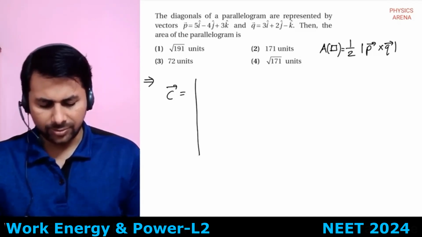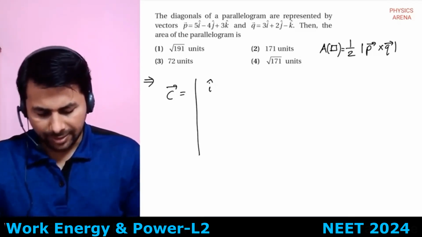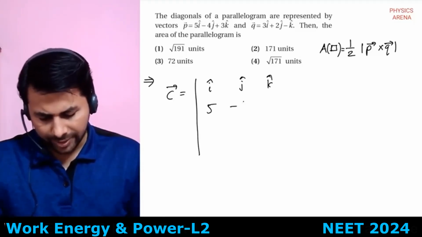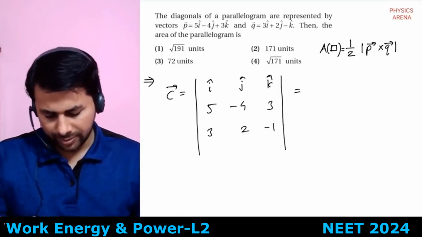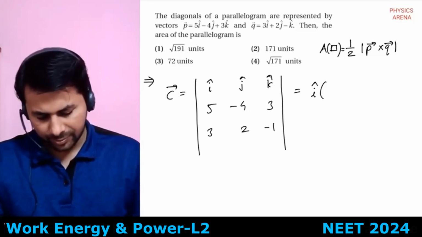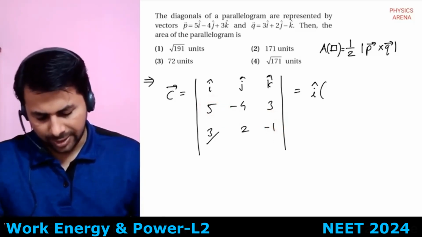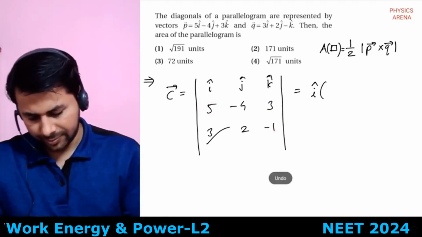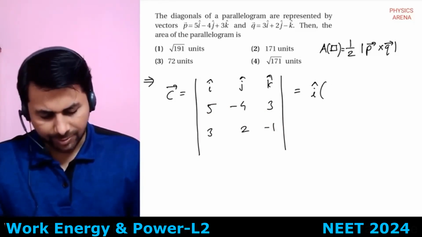Suppose C bar is equal to the resultant P bar plus Q bar. I cap, J cap, K cap, 5 minus 4, 3, and 3, 2 minus 1. Then what is this? I cap times 5 into minus 1, minus 5, minus 5 minus 9, minus 14.